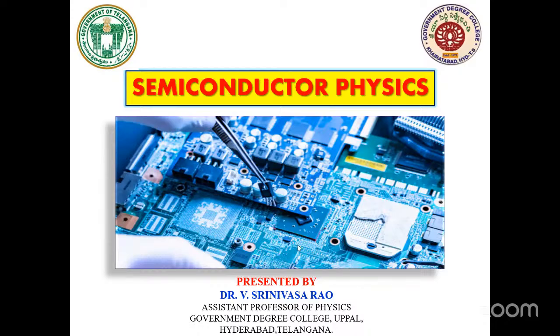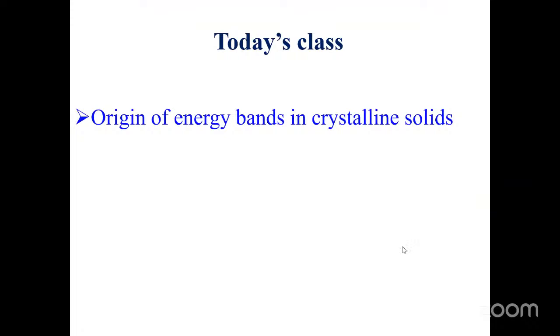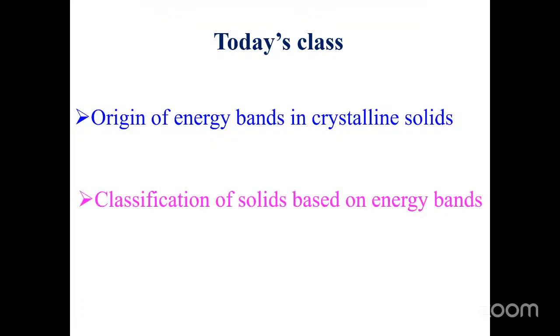In this semiconductor physics, in today's class, first of all, you should have a little background: what is the origin of energy bands in a crystal and how the classification of solids is made based on the energy bands.